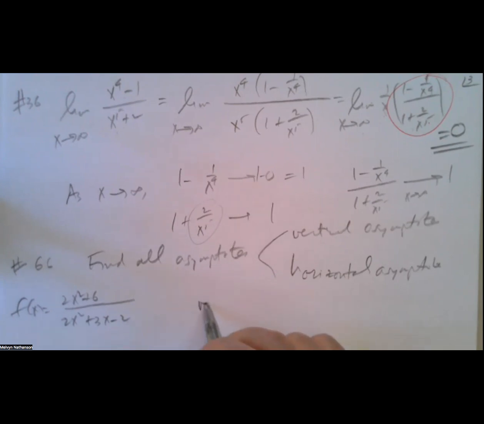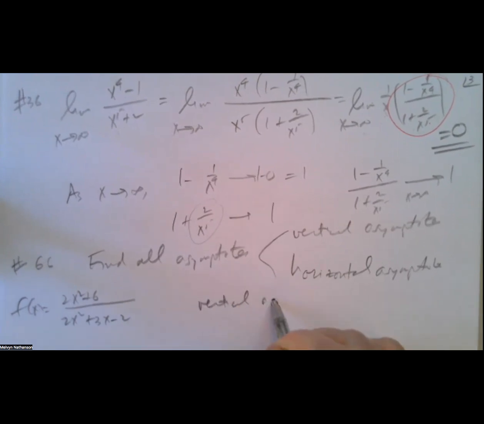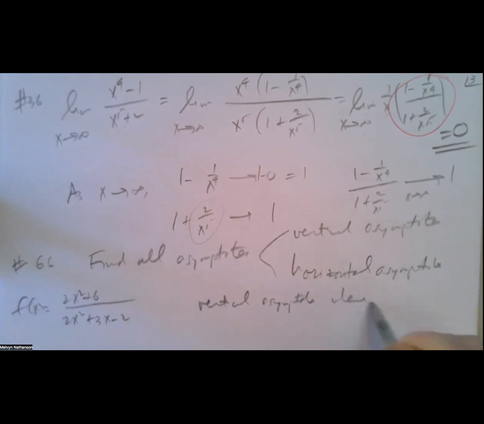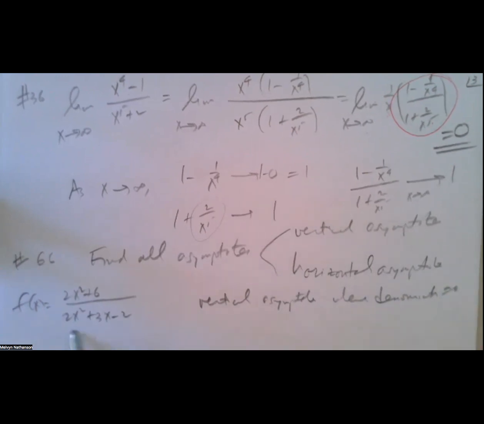So we have a vertical asymptote where the denominator is 0. That is where 2x squared plus 3x minus 2 is 0. So where is this 0? Does it factor?